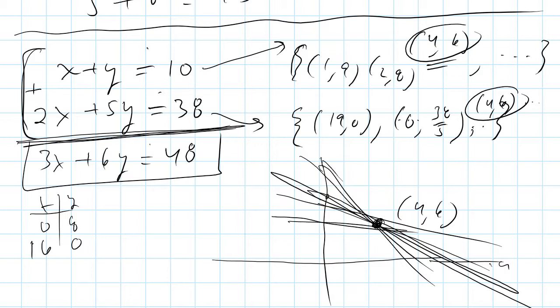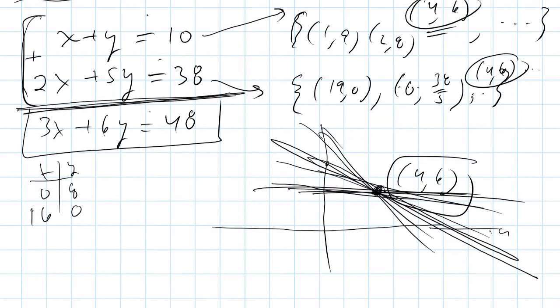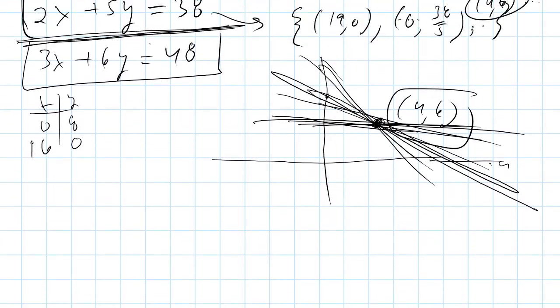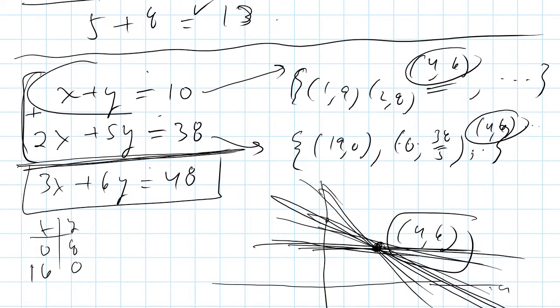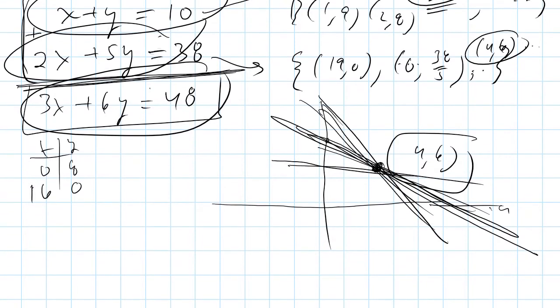There'd be three different lines, but the key is they would all intersect at 4, 6. Actually, this is a good opportunity to bring up Desmos. Let's see if I can do that. I'm not able to get Desmos up on my thing right now, but it would be pretty neat to actually graph these two things beautifully on Desmos and then graph the third one and see that they don't have a lot in common, but they do have that in common.